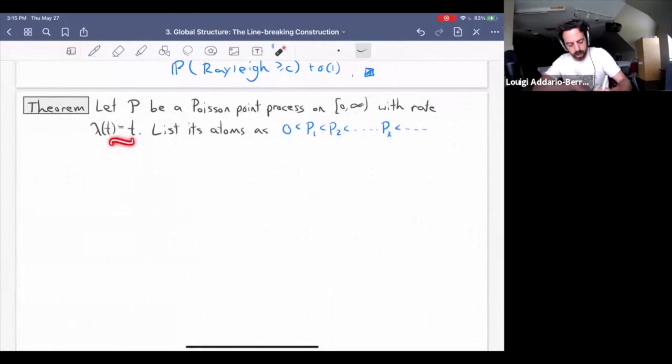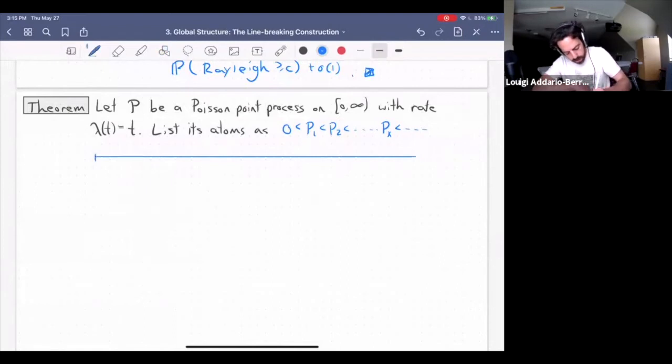And because the rate gets larger as time goes on, we expect the gaps between these atoms to get shorter and shorter. Okay, so that gives us some picture which looks like some initial atom P0, P1, and then P2, maybe P3 is a bit of a bigger gap, but then as time goes on, the spacings stochastically get shorter and shorter. Okay, and this goes on forever.